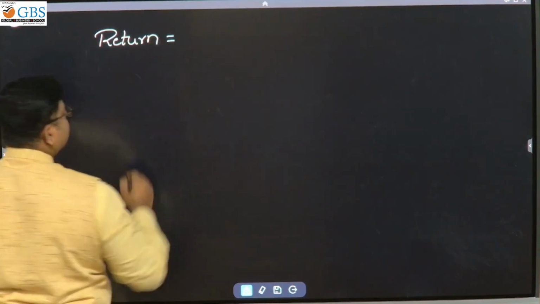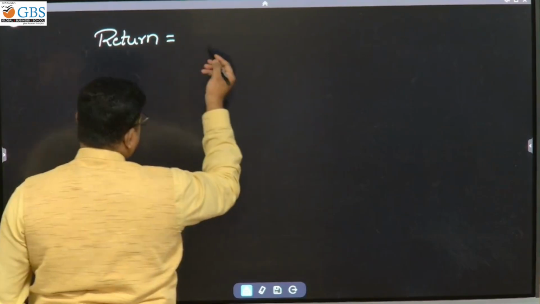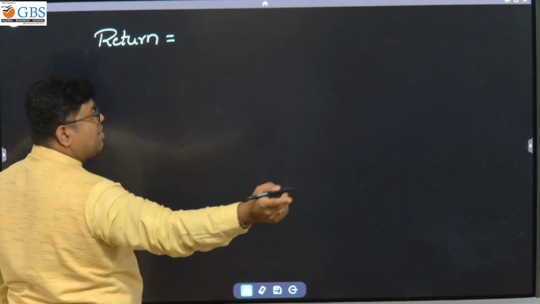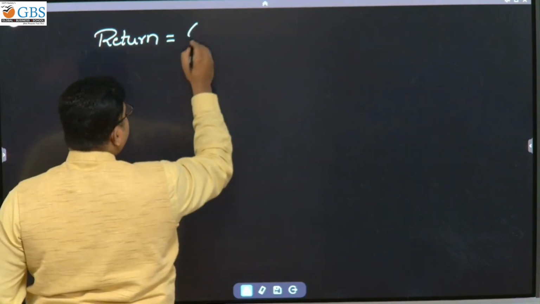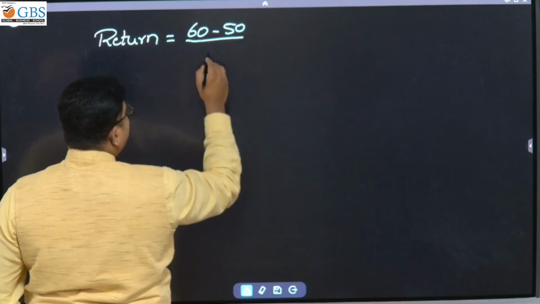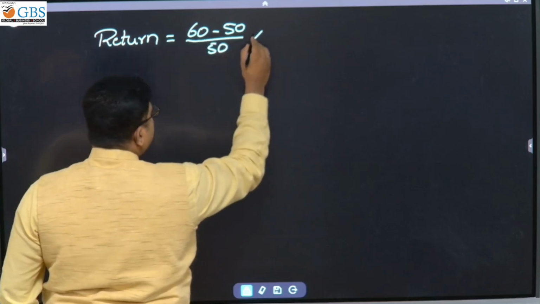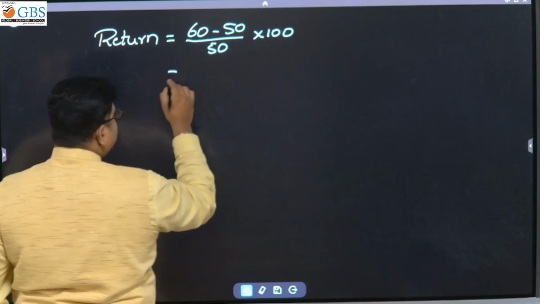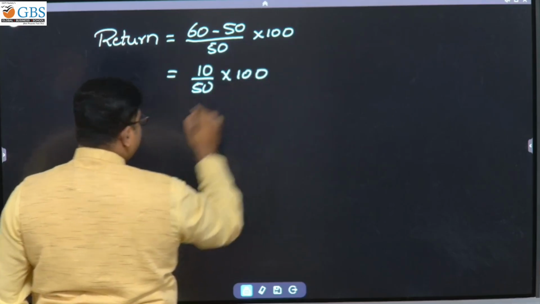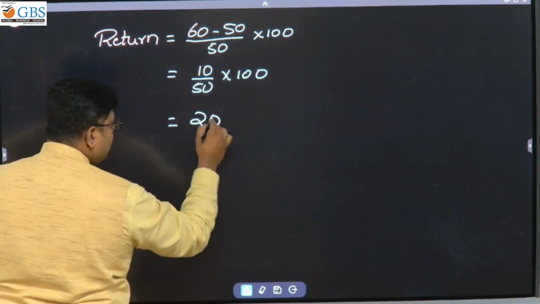Return is equal to change in the price. So for the first one, the amount given is 60. Change in the price from its original, divided by the original price, into 100. That is 10 upon 50 into 100. How much? 20. 20%.